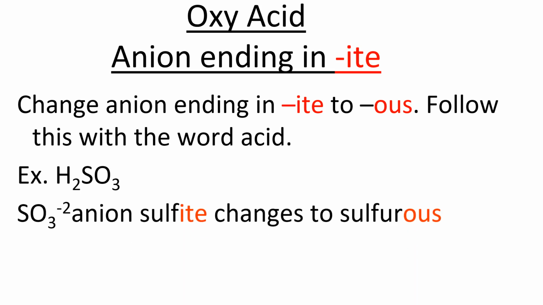So the SO3 negative 2 anion is going to change from sulfite to sulfurous. Again, sulfur is that funny one that has to drop and pick up letters, just because it sounds better, I think. All right. So what would the name of H2SO3 be? Sulfurous acid. All right.